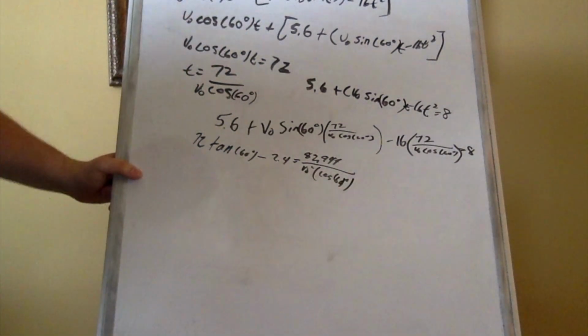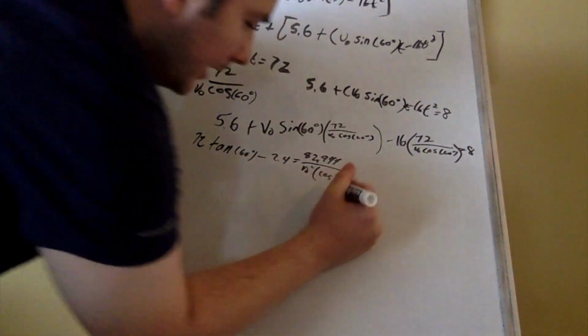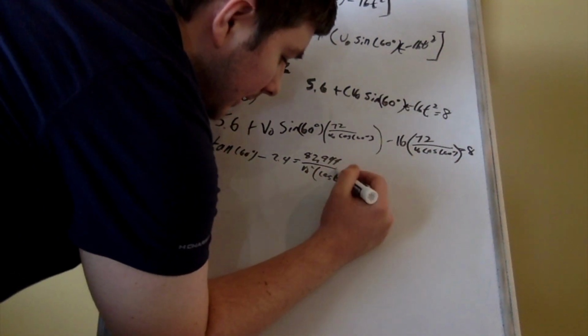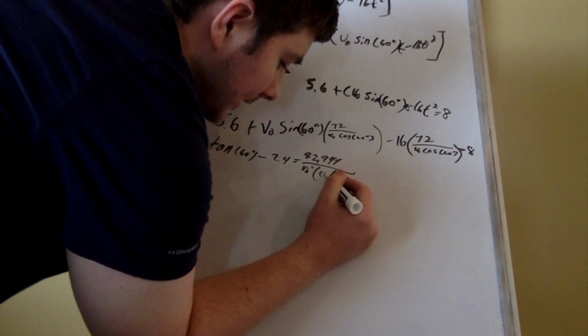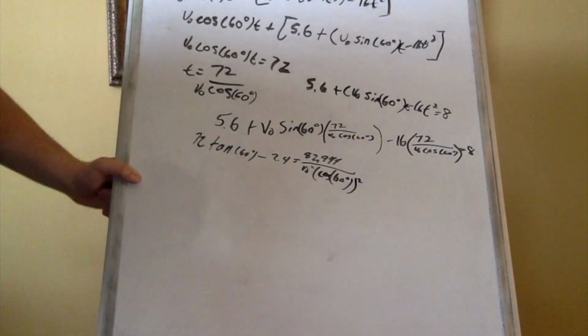Whoops, that degrees is supposed to be in there with that. 60 degrees. That's cosine, and then that squared.